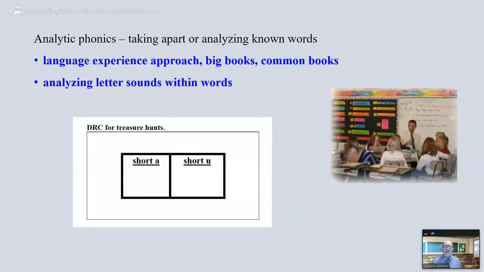But we also need to do analytic phonics, taking things apart or analyzing them, analyzing words in print using language experience approach. Big books are common books. You see a word, you analyze it. What's the beginning sound? Can you find any words? Where are the sp words?